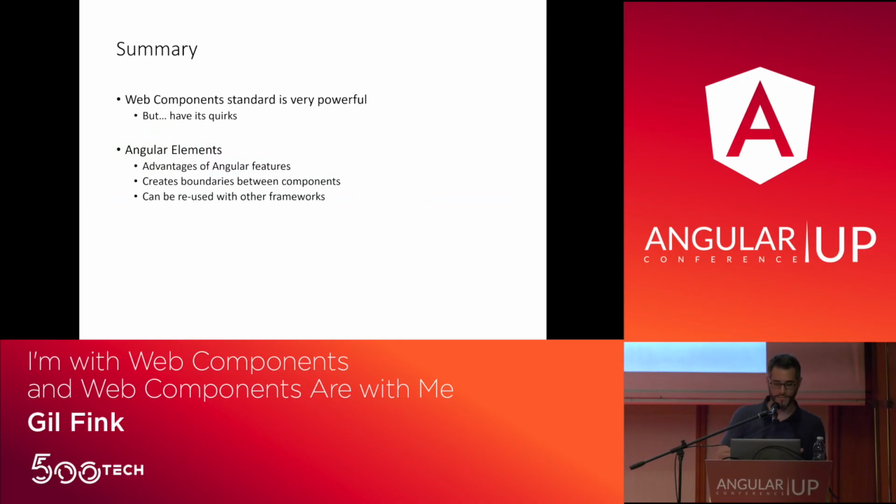So let's summarize. Web Component APIs are a very powerful standard. They can give you a lot of goodies, creating native HTML elements in your application. But it has quirks. We are used to all the good stuff from frameworks, and we sometimes need polyfills if you're targeting Internet Explorer, Edge, or whatever.